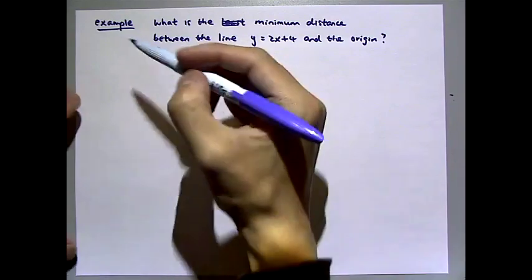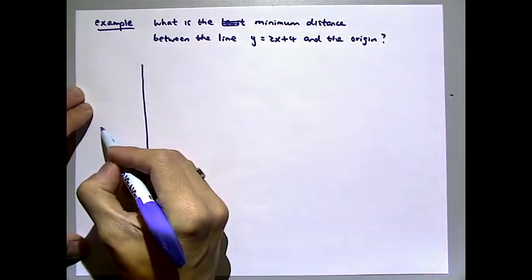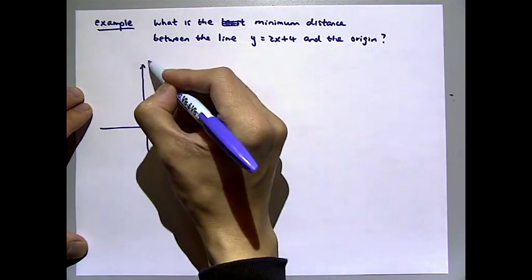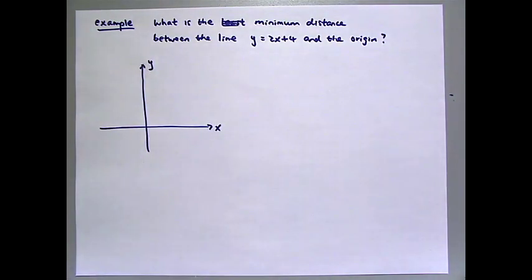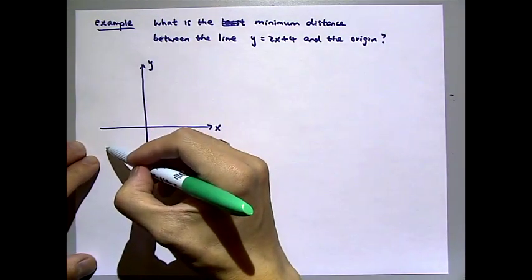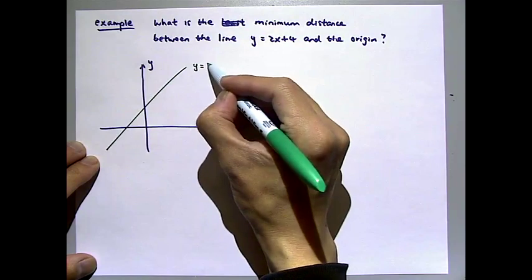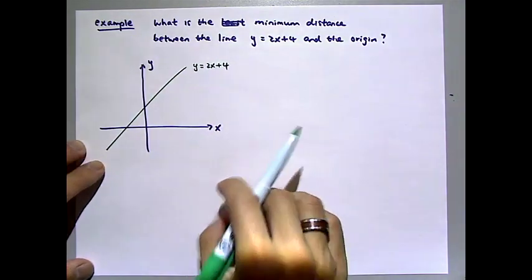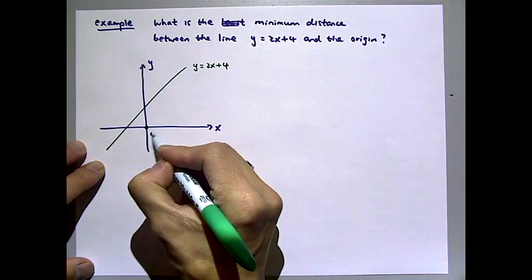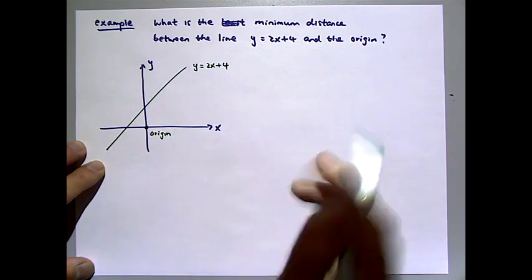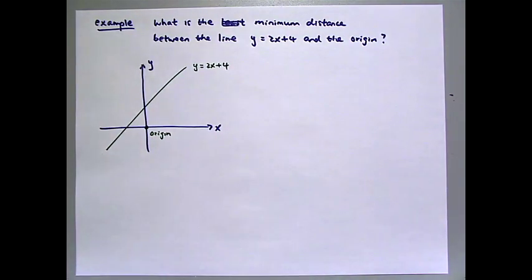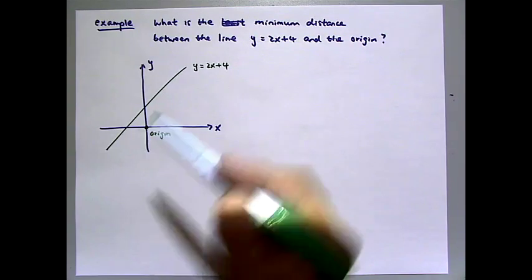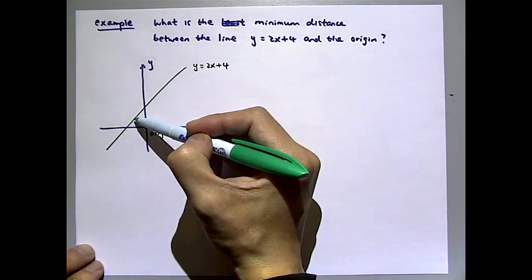We got a line here. Let's sketch this out. These sketches aren't required, but they often help you visualize what you're doing. So here's my line. Here's the origin. Question? Yeah, absolutely, right.